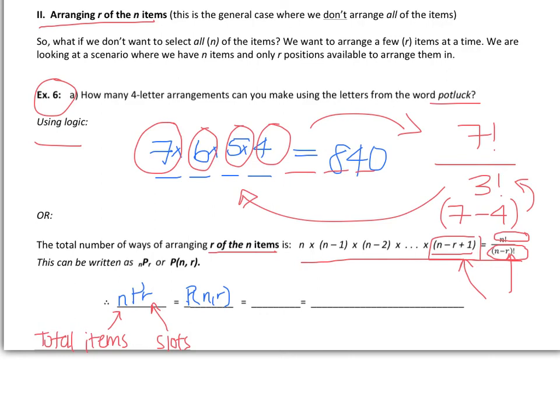By our formula we can write n factorial over n minus r factorial. This formula is going to be super important, because that's where we're going to do a lot of evaluation, which is equal to n times n minus 1, all the way to n minus r plus 1.